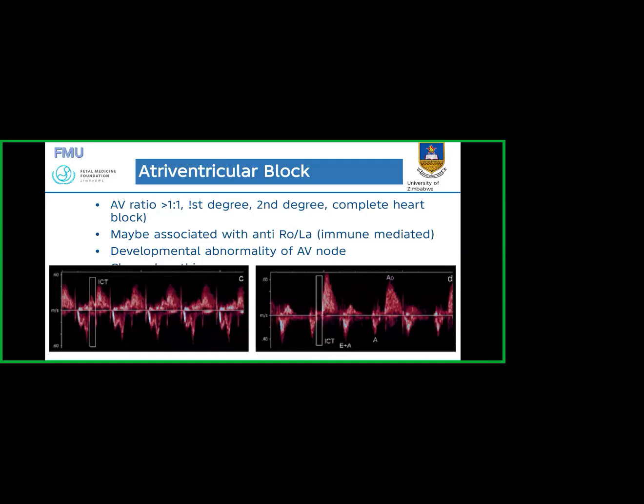So in atrioventricular block, we have a ratio which is greater than 1:1. That is, the atrial rate is higher than the ventricular rate because it is not fully conducted to the ventricles. We have first degree block, second degree block, and complete heart block. In first degree block, we have a prolongation of the PR interval.